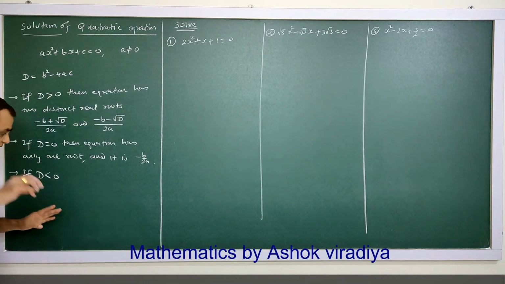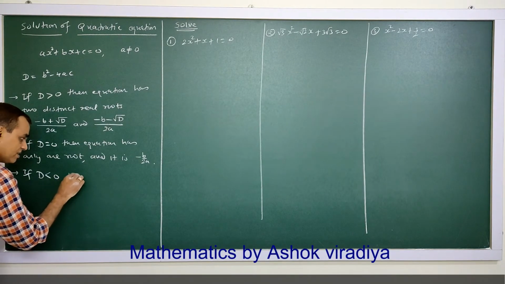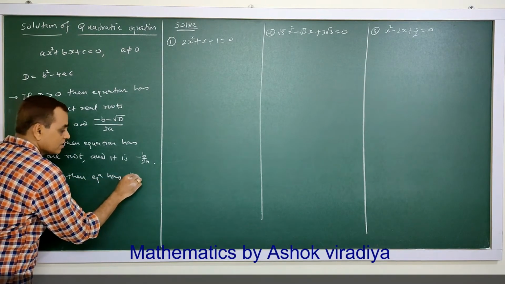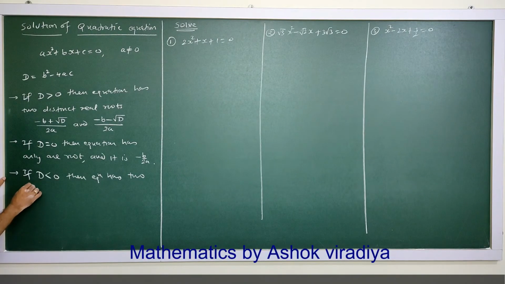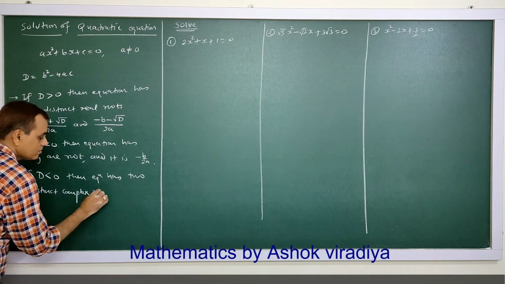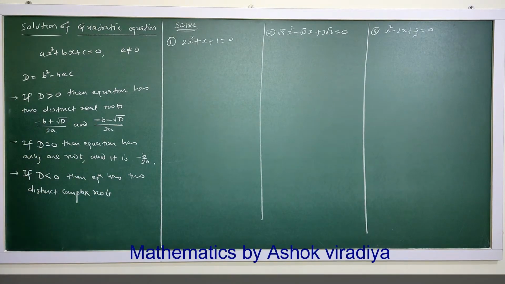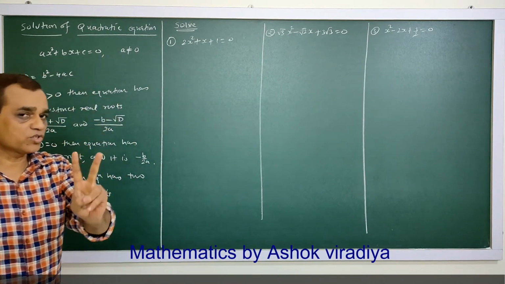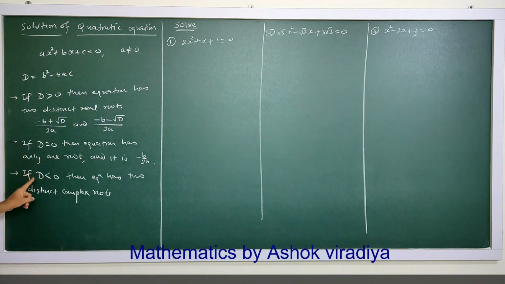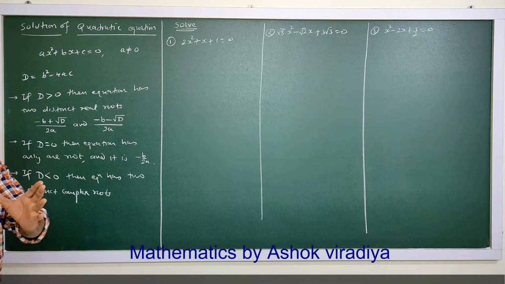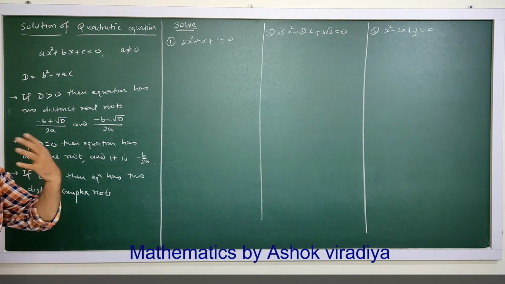But we can say that this equation has two distinct complex roots. If the discriminant is more than 0, then two real roots. But if less than 0, then real roots do not exist, but it has complex roots.